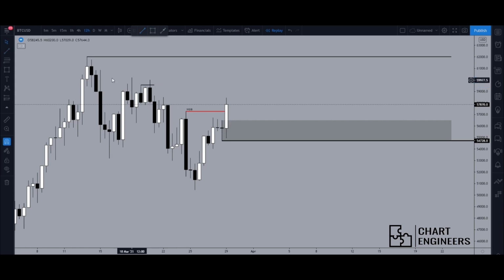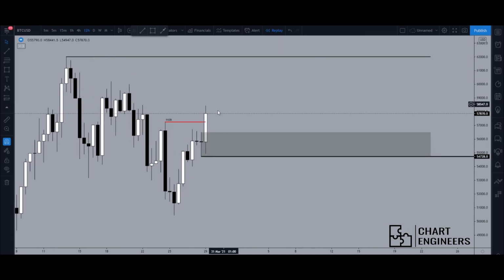In the meantime, we do have this 12-hour breaker zone right here, but I'm not really paying too much attention to this as we are in an uptrend and these highs are relatively equal, so I'll be leaving that for now, and then I'll just be looking for longs in an order block.